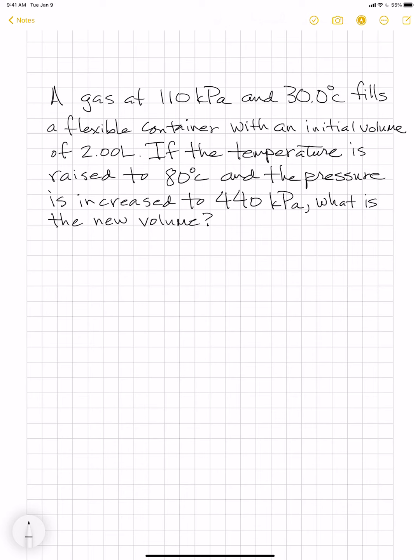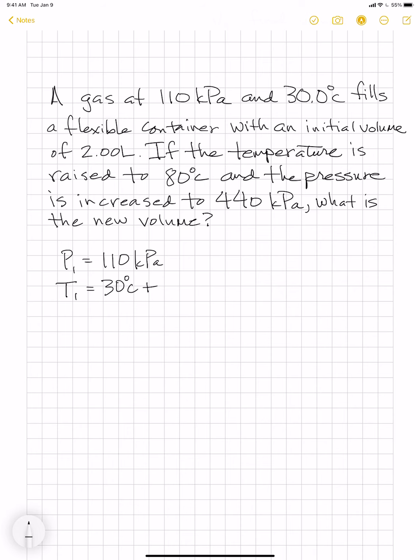So we have a gas at 110 kilopascal. So I'm going to go ahead and write that down. Kilopascal is pressure. So P1 is 110 kilopascal, okay? And then I'm seeing that we have a temperature at 30 degrees Celsius.